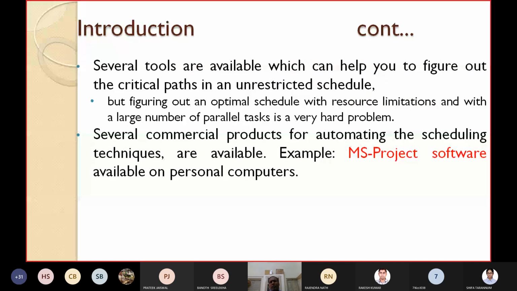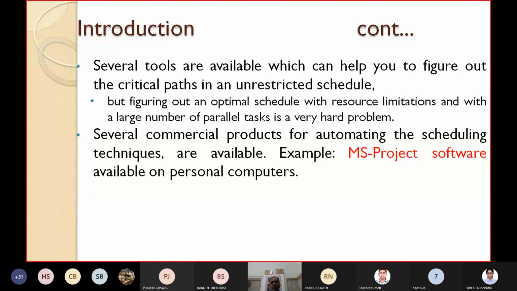Several tools are available which can help the project manager to identify the critical paths in a schedule. But figuring out an optimal schedule with resource limitations and with a large number of parallel tasks is a very hard problem.